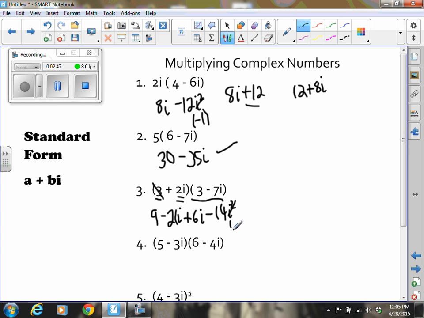So in the same step, we'll just go ahead and replace that i squared with negative 1. That's going to change my negative 14 to be a positive 14. So my problem is now simplified a little bit further to be 9 minus 21i plus 6i plus 14.